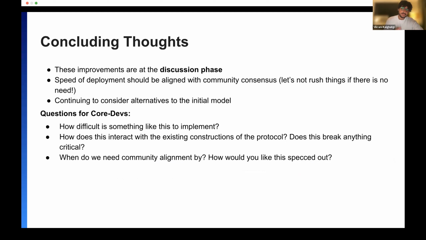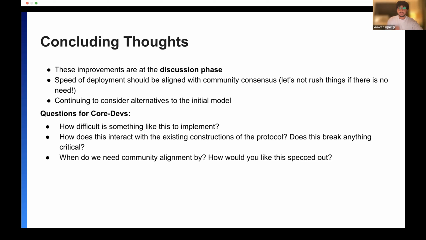I really want to make sure that we understand that these improvements are very much in the discussion phase. We do think that given the state of the network, this is an issue of fair importance in terms of time. I think we should align with community consensus, and we shouldn't rush things if there's no need.